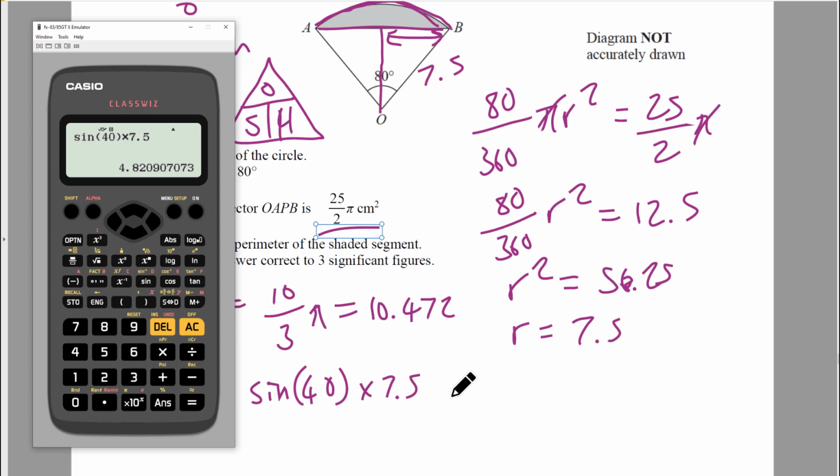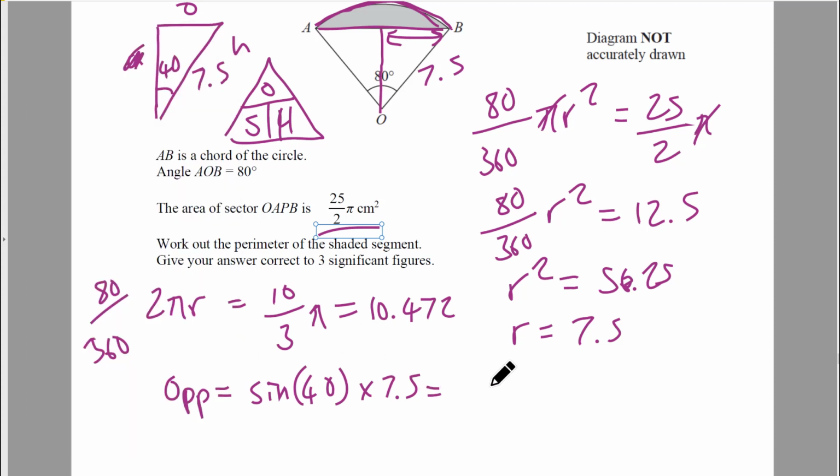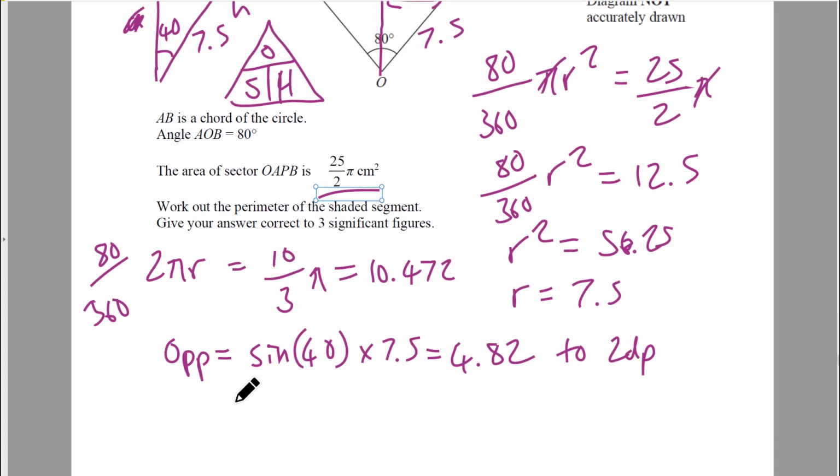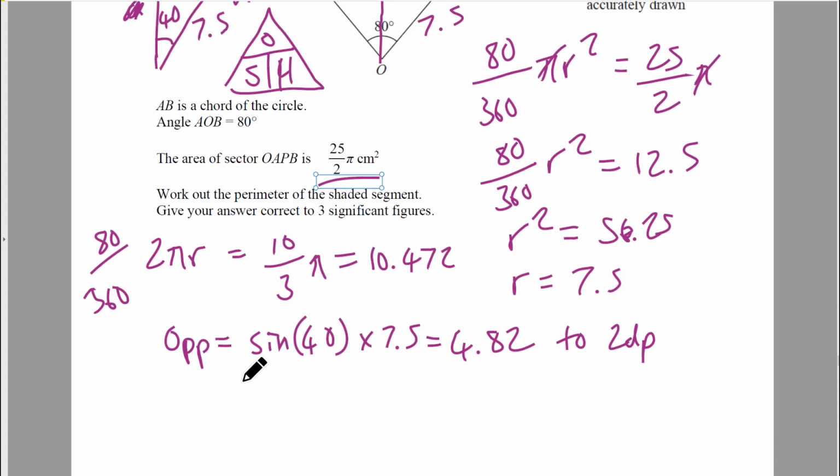That's 4.82. So what we're going to get is 4.82, another 4.82, and 10.472.